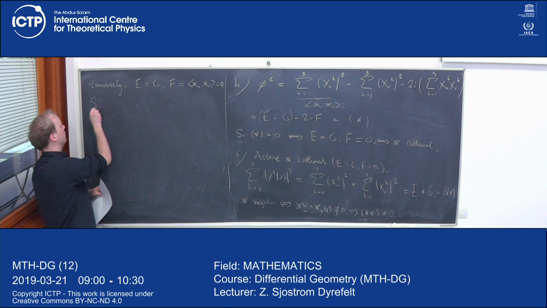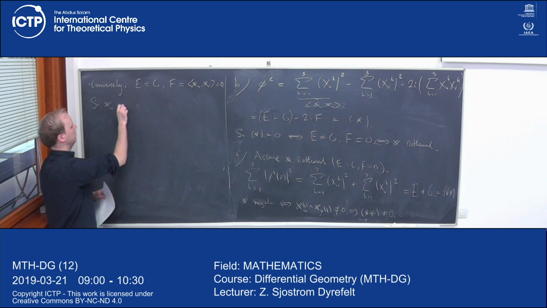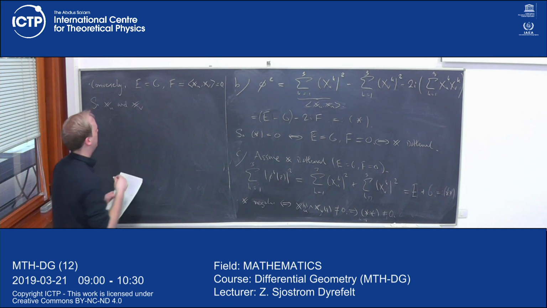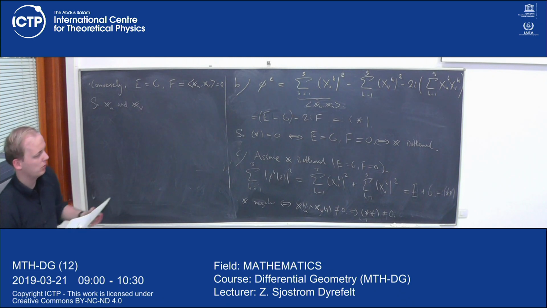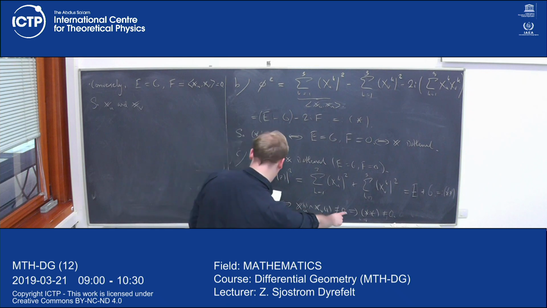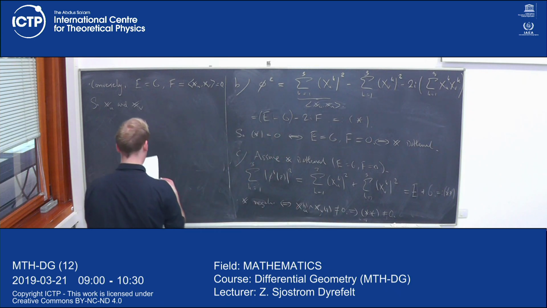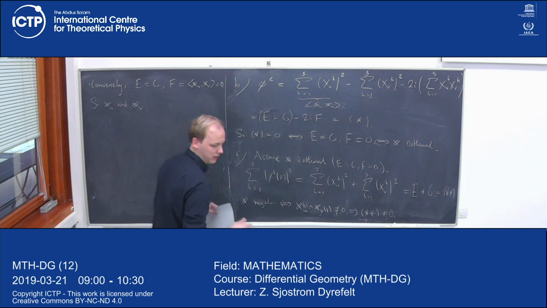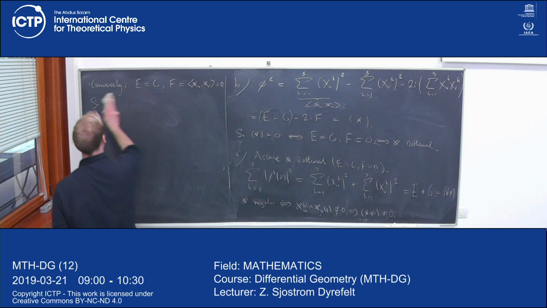So what does this mean? Let me write it out. What are we doing, by the way? We are assuming that this double star here is non-zero. Hang on, let me write it. Okay, so we have this.